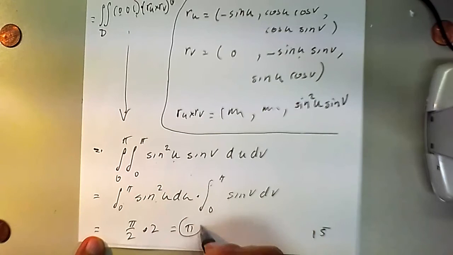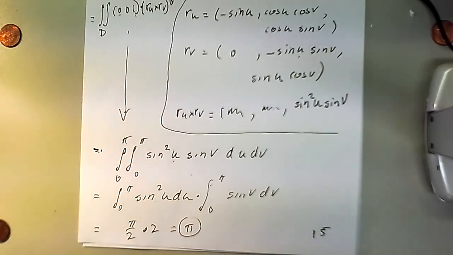And the answer is going to be pi, which is consistent with the answer we got in the first method. So just be aware there are as many ways to obtain the answer as there are ways in which we can parameterize the surface.